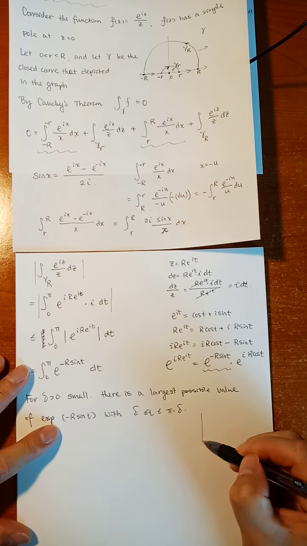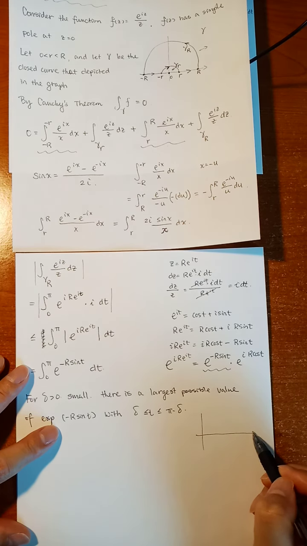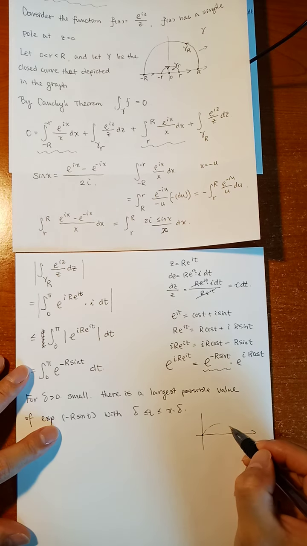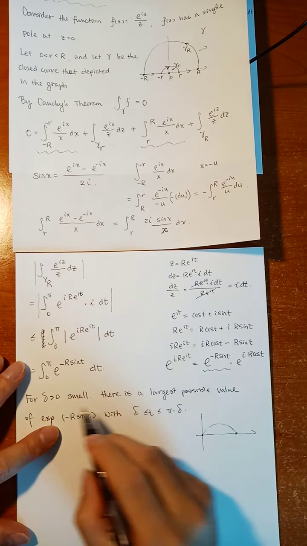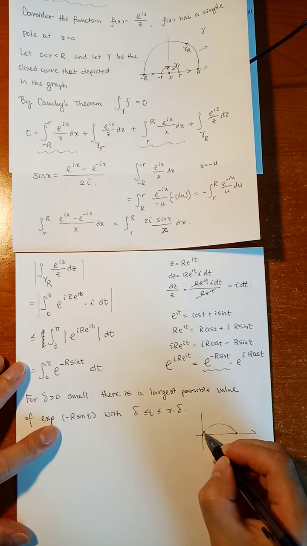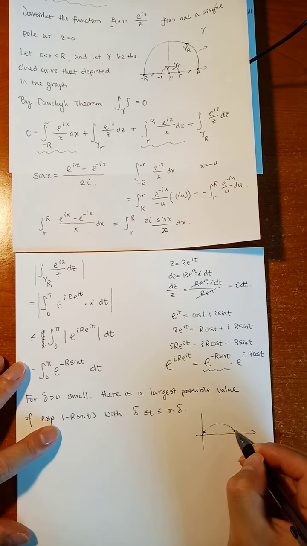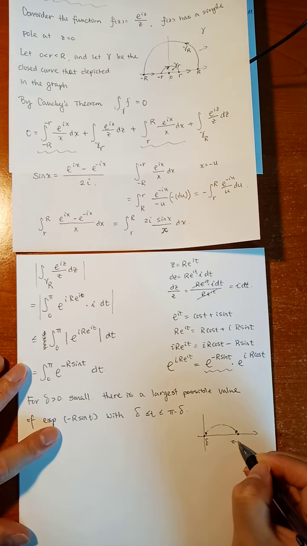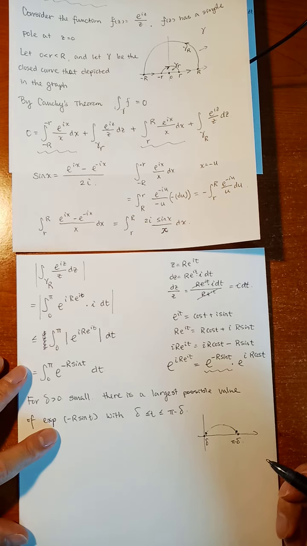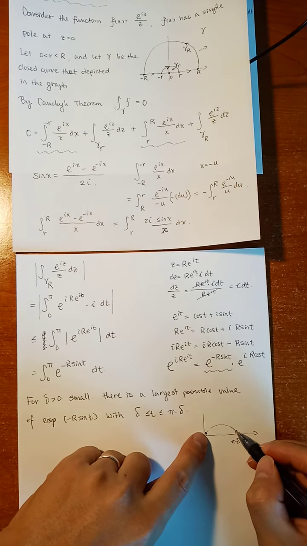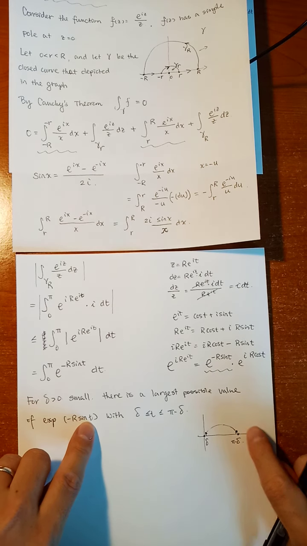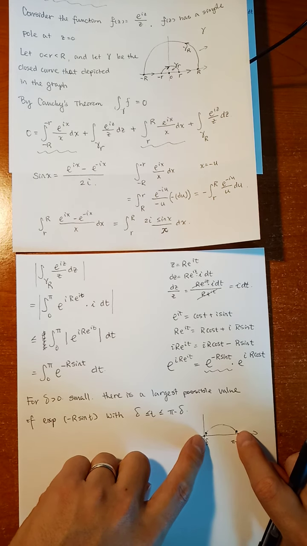All right, so let's check. This is a graph of sine t. If you have delta small, then delta is here, and pi minus delta is here. So when you remove a little bit at 0, we don't want the zeros of sine at 0 and pi, so we want to exclude them.